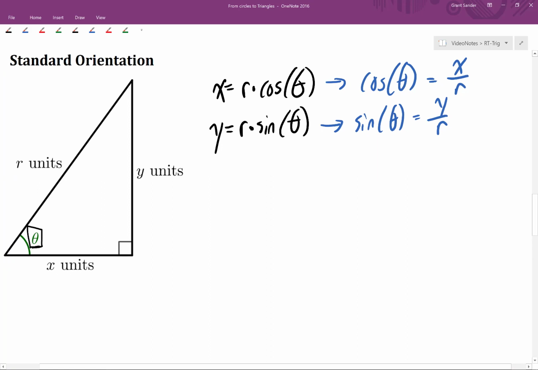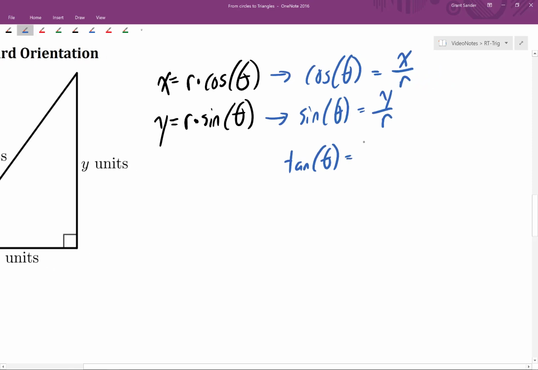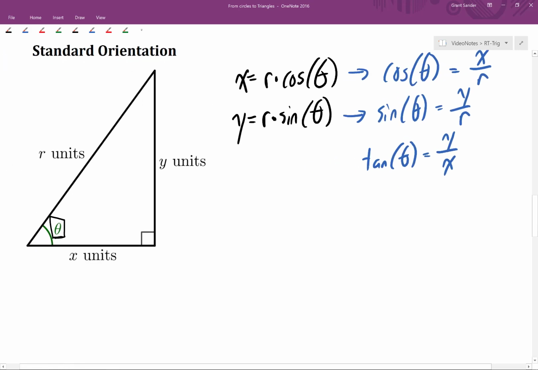Again, this is because sine of theta represents the measure of this vertical side, which is y units long, in units of the hypotenuse of this right triangle, which is r units long. Then we could also say that tangent of theta, which is the slope of that hypotenuse, is going to be equal to y divided by x, because the slope is the measure of that vertical side in units of the horizontal side, which is represented by the ratio y divided by x.